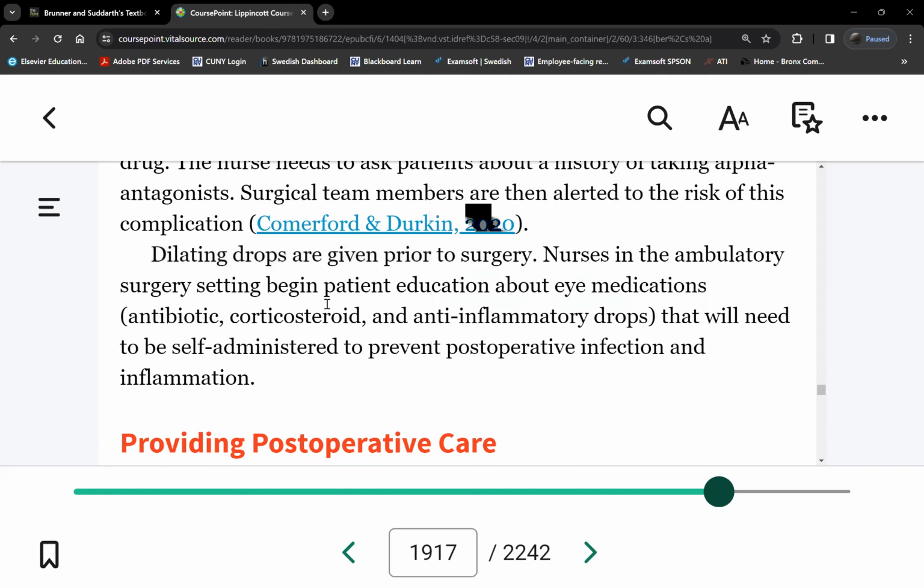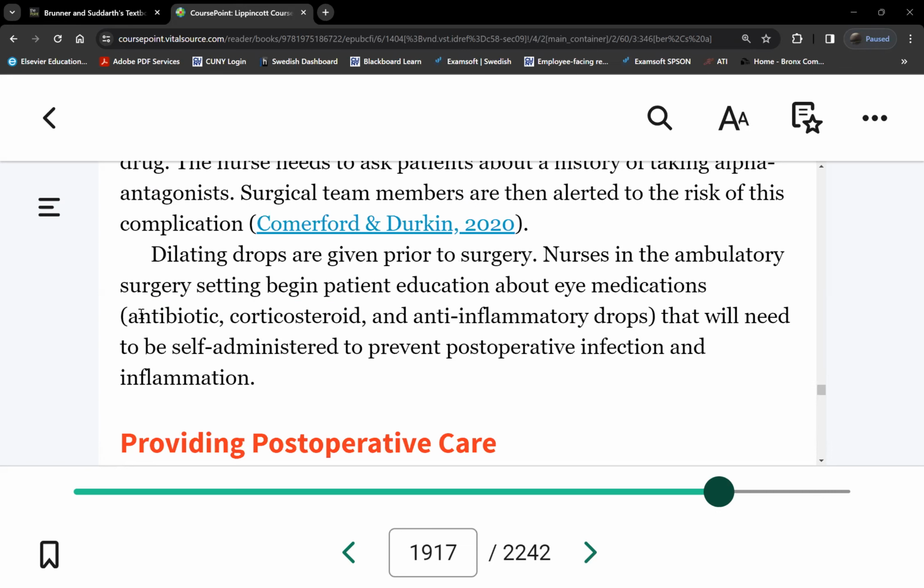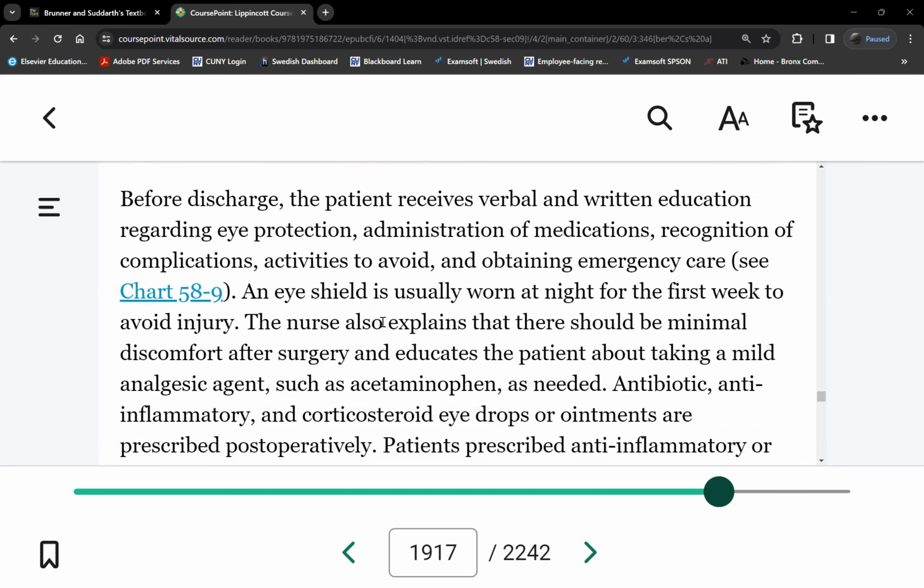So these are some of the pre-op eye drops, and then post-op especially, of course, will now involve steroids and anti-inflammatories. Definitely we have antibiotics and dilating eye drops before surgery, and then post-op will continue with the antibiotics and steroids as well.